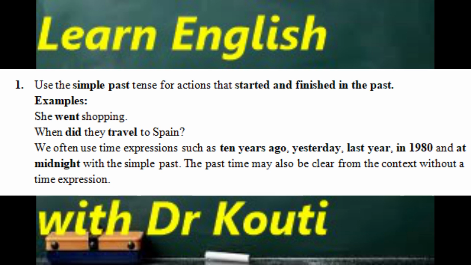Good. We often use time expressions such as 10 years ago, yesterday, last year, in 1980, and at midnight with a simple past. The simple past or the past time may also be clear from the context without a time expression.